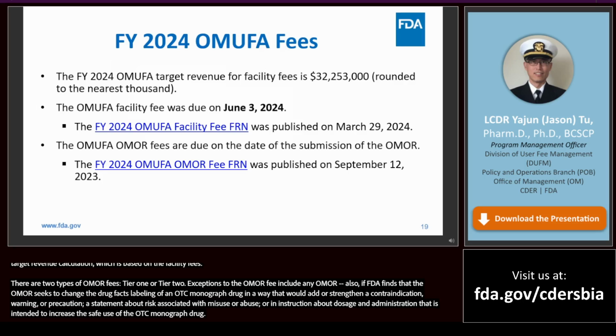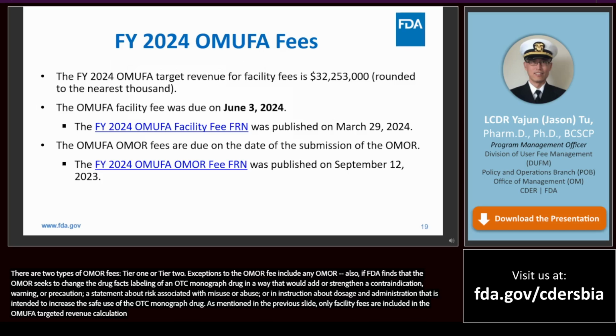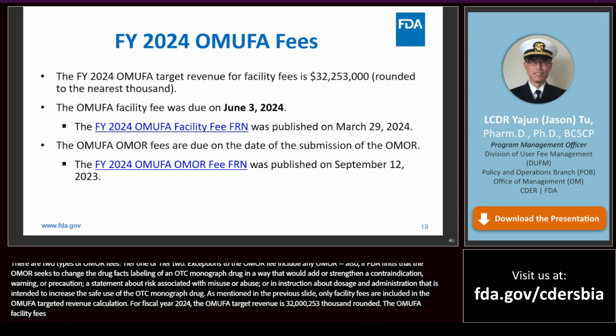As mentioned in the previous slide, only facility fees are included in the OMUFA targeted revenue calculation. For fiscal year 2024, the OMUFA targeted revenue is $32,253,000, rounded. The OMUFA facility fees were due on June 3, 2024.